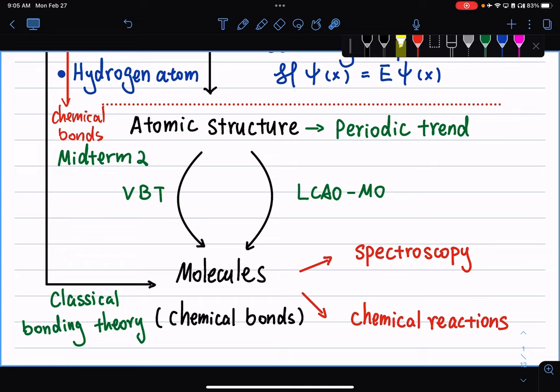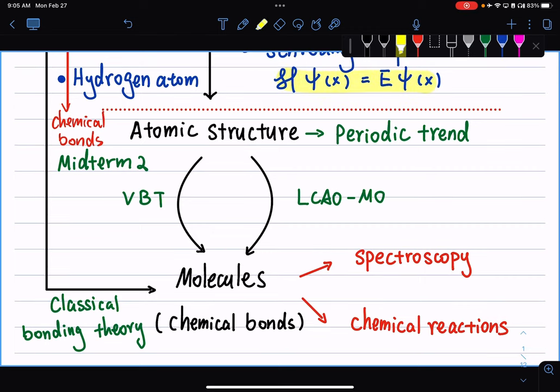So that's one thing. With that in hand, we then moved on to talk about quantum mechanics bonding theory. For quantum mechanics bonding theory, what we're always talking about is the molecular orbital. The idea of a molecular orbital is the same as the atomic orbital. We have a wave function that tells you everything you want to know about the electron that's being shared in your molecule.